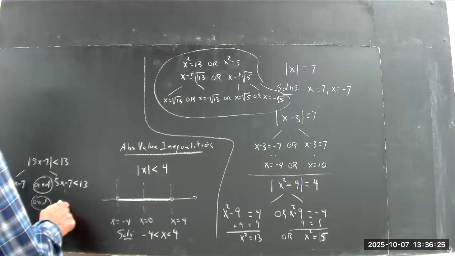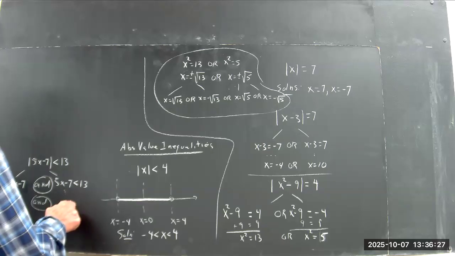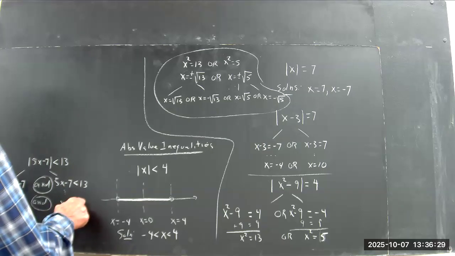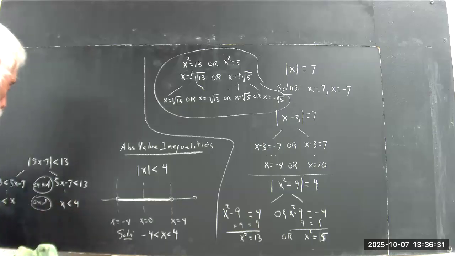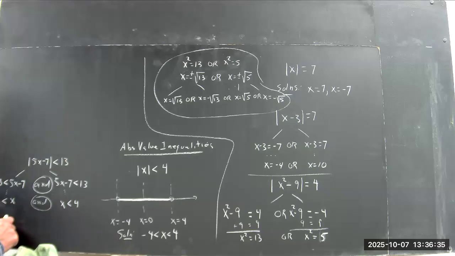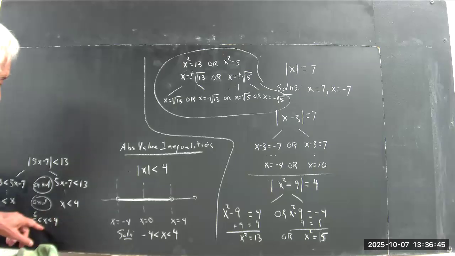And here, x has to be less than 4. So your solution is negative 6/5 less than x less than 4.